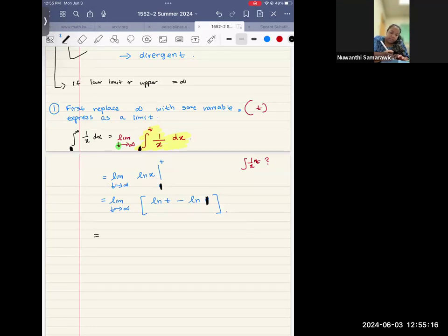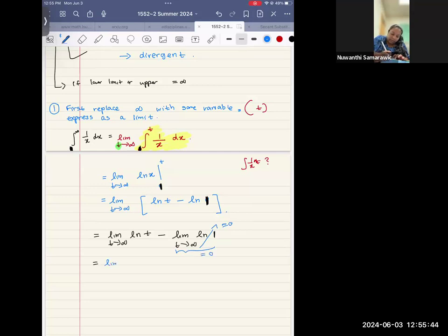Okay, so now let's see by the limit properties: limit t goes to infinity of ln t minus ln 1. Ln 1 is always 0, so this whole part is equal to 0.